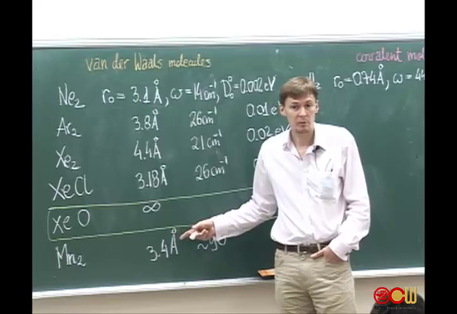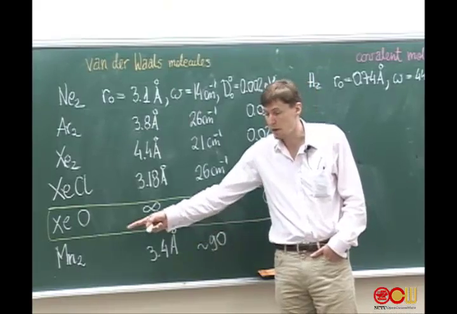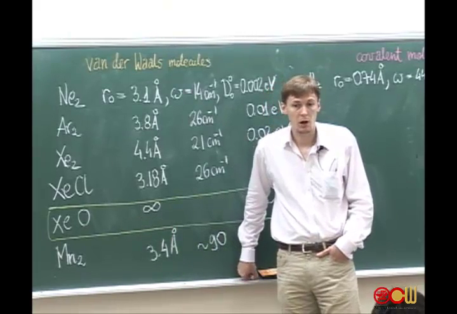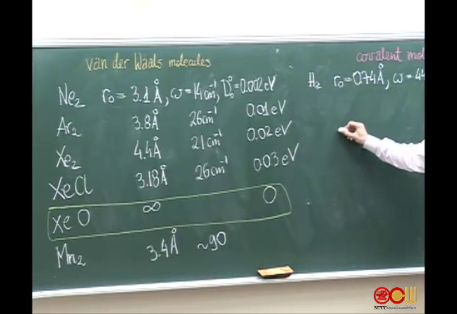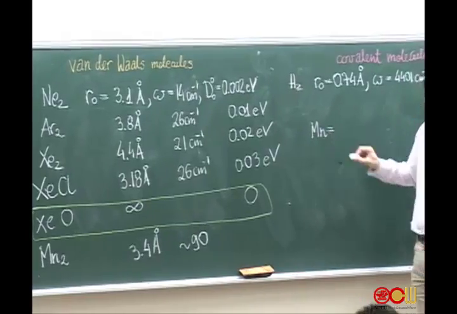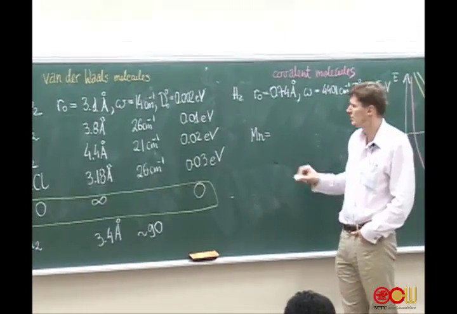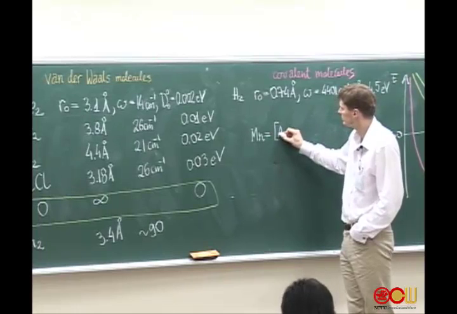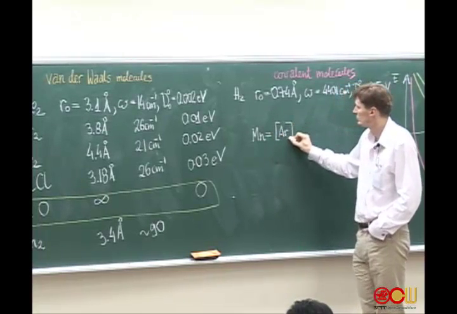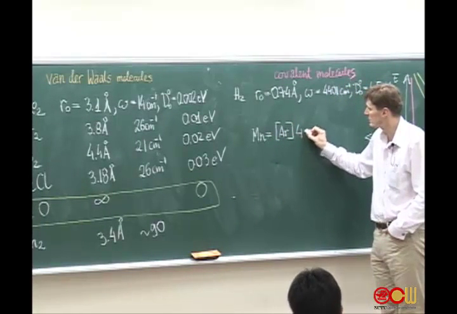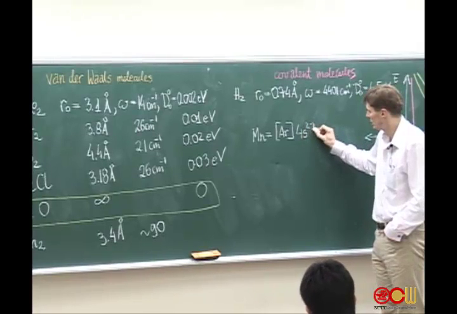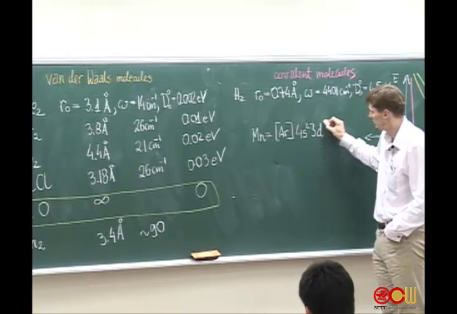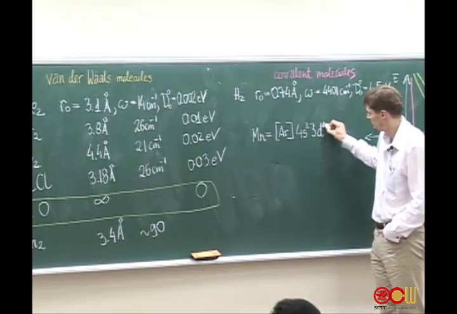What is special about this? The problem is that manganese is not closed shell at all. If you write down the electronic configuration of manganese, you find that it would be argon, and then you have 4s2, 3d4.